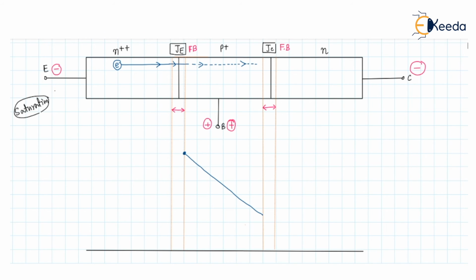There will be some amount of holes, the majority carriers inside the base, and these holes can also cross this JE junction and become the minority carriers in the emitter region. So there will be a minority carrier distribution, and they will also diffuse.